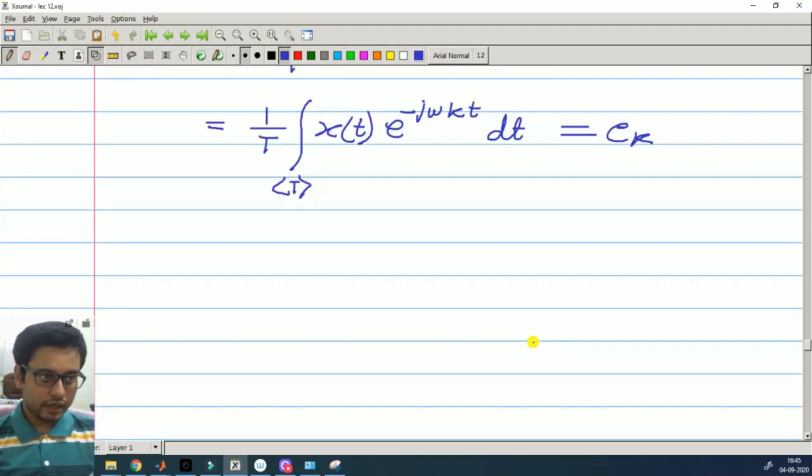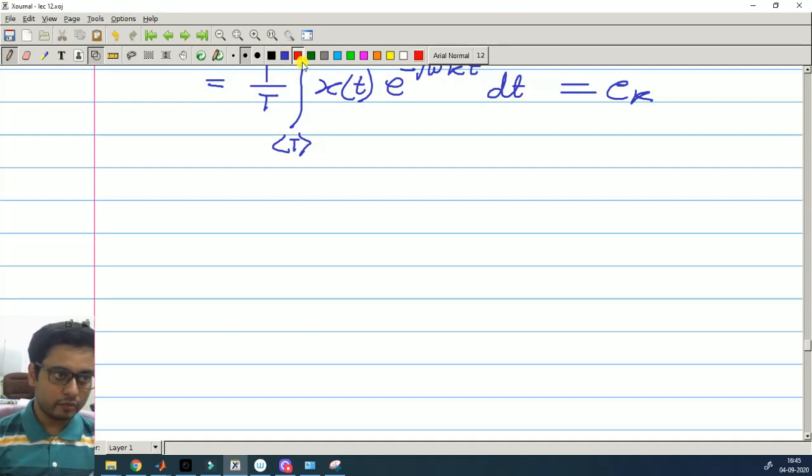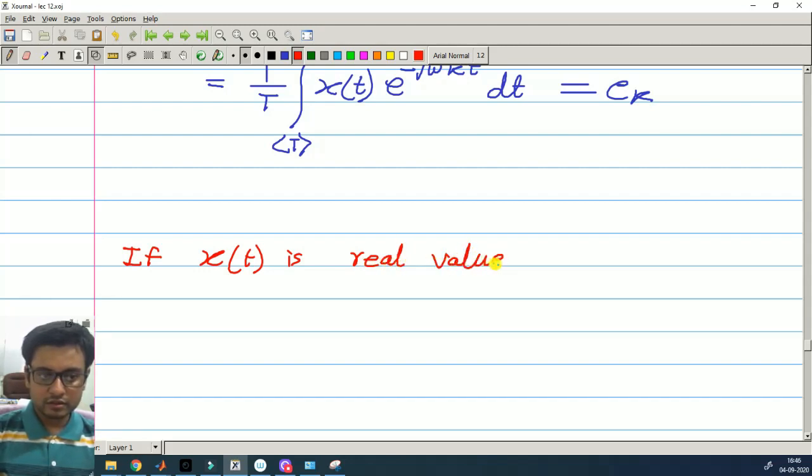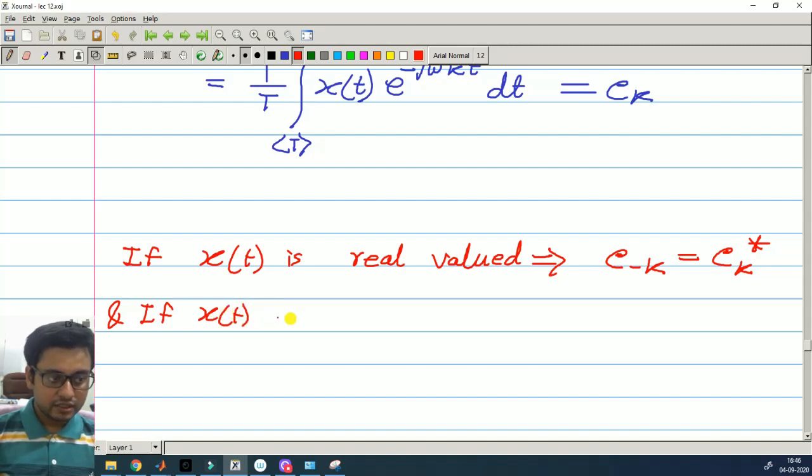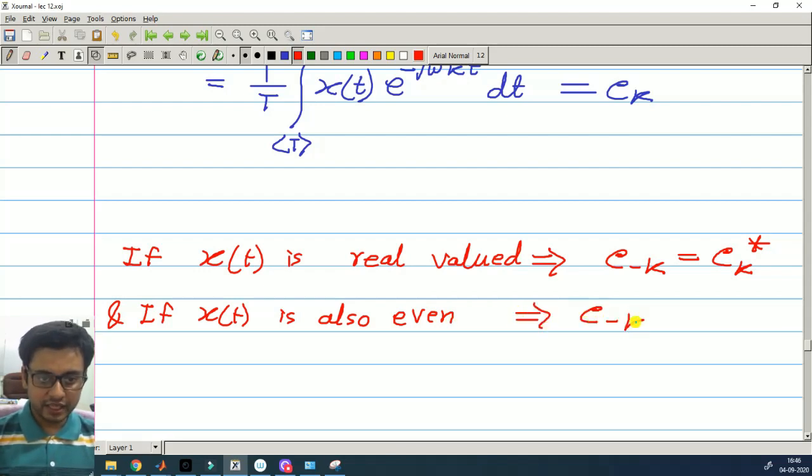Now an important observation you can make from this result, that if x(t) is real valued, then we know that c minus k is equal to c plus k star, complex conjugate. And if x(t) is also even, then we got c minus k equal to c k.